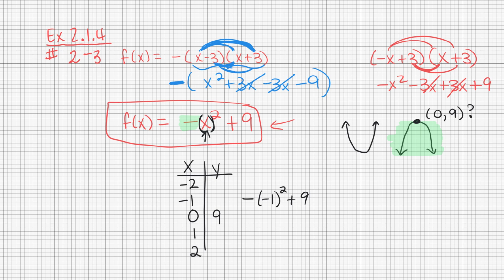What do I do first? Do I do the negative or do I do the squared? Order of operations. Do you do exponents or multiplication first? Exponents. Okay, so negative 1 squared is what? 1. Then you've got to make it negative. So negative 1. So it'd be 8. You got it.